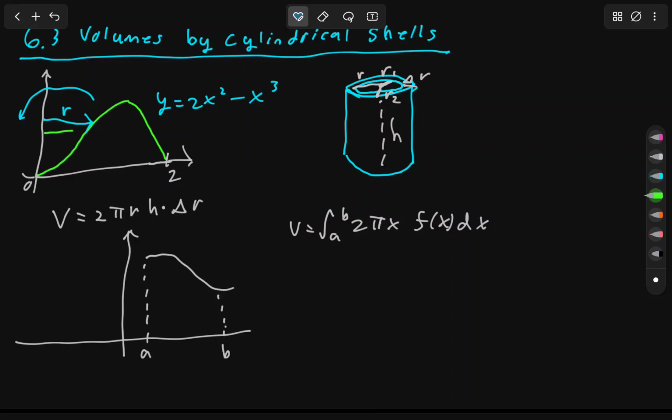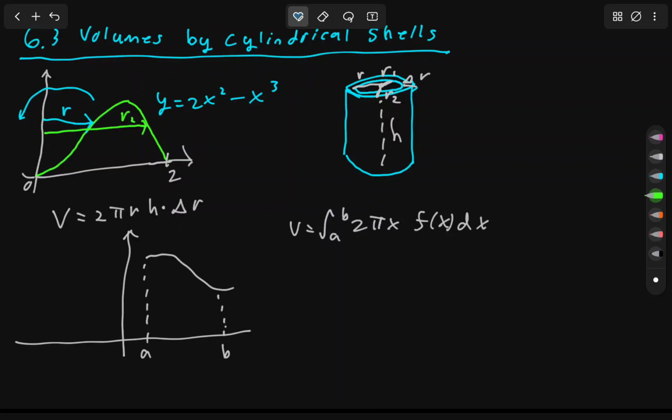But I'm also going to have another, much larger radius. We could do a disk method, or a washer method, but that would be very complicated, and we need a simpler way of doing it.